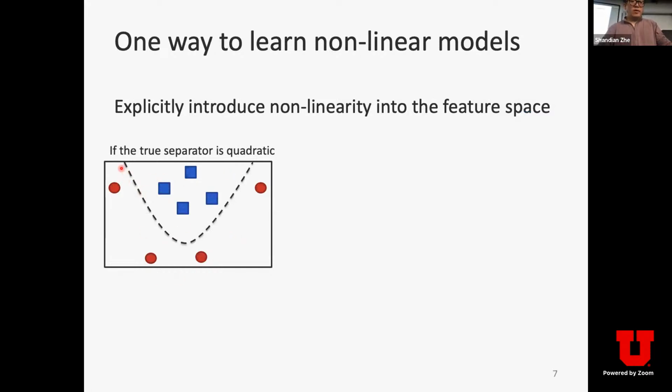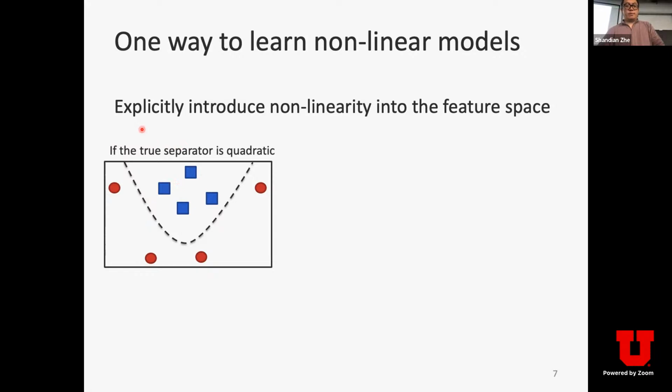So here, hopefully this picture can make us recall something. We know that in a two-dimensional space, those blue squares and the red circles are not linearly separable. We cannot draw any line which can well separate them.